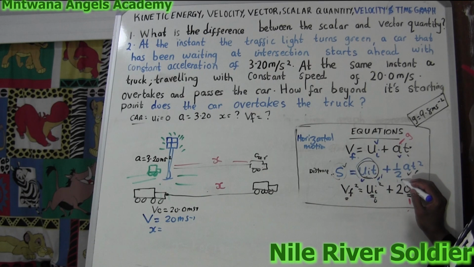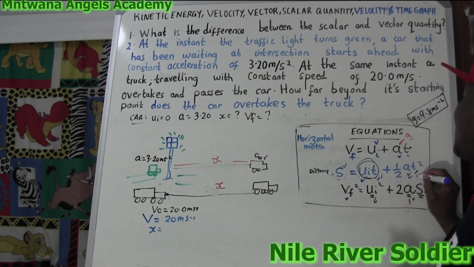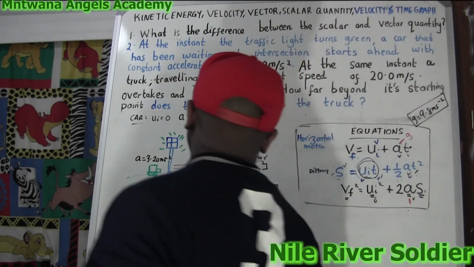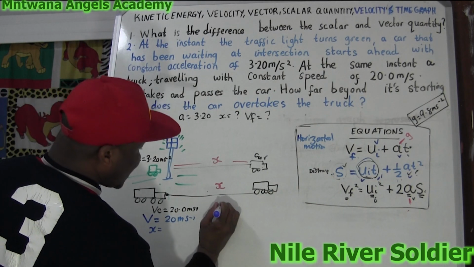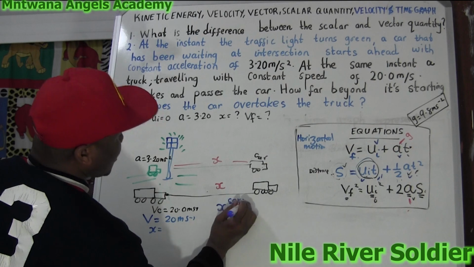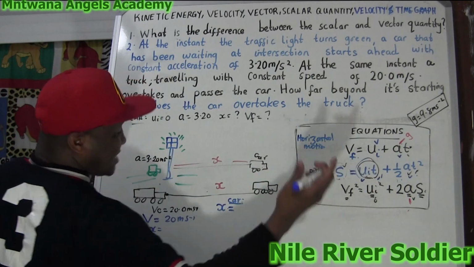Now we come here to the half. Acceleration do I have for the car? Yes, I do. Time taken? No, but I can use this to get distance, because this is the distance we're looking for. You can say x or y or s. So distance covered by the car equals initial velocity of the car, 0, times t, 0.